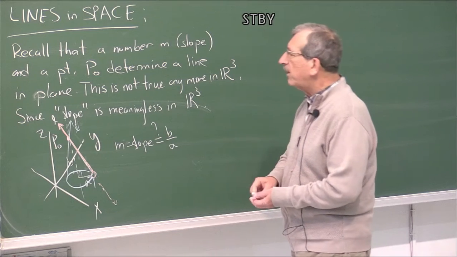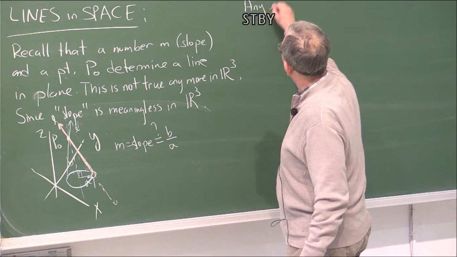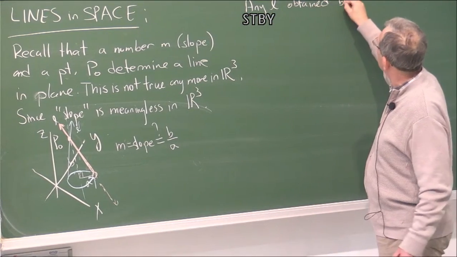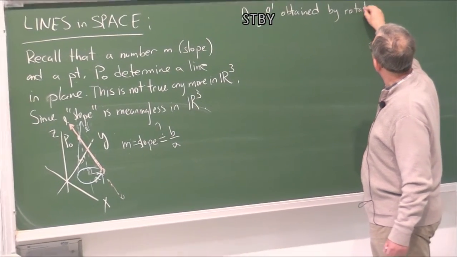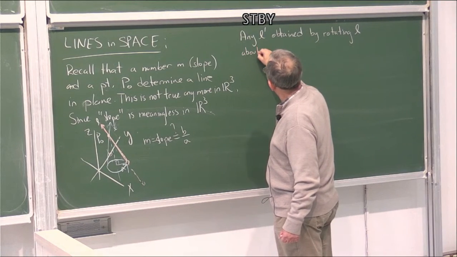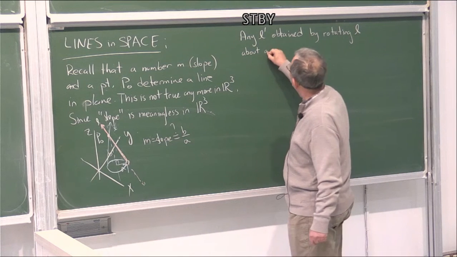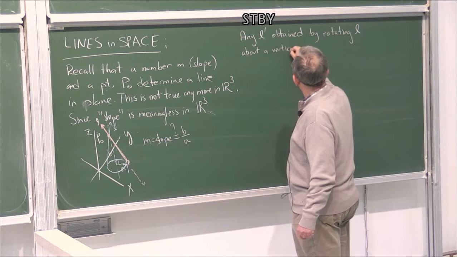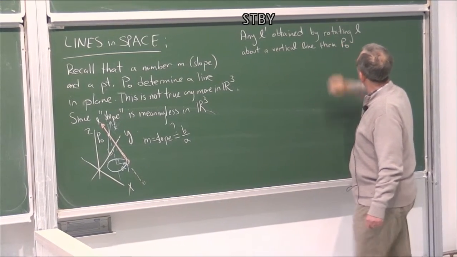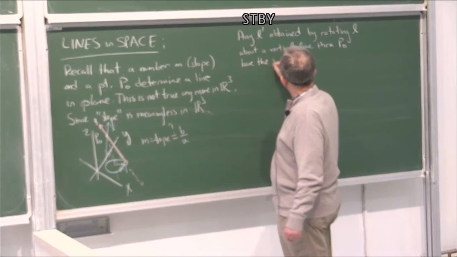And so it follows that any L prime obtained by rotating L about a vertical line through P0 has the same slope.